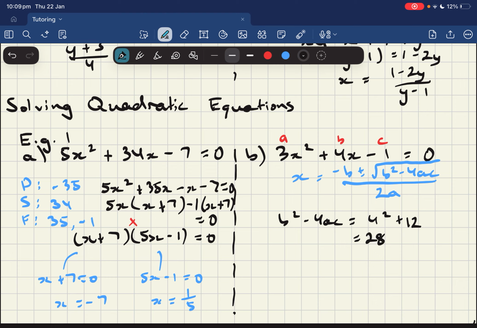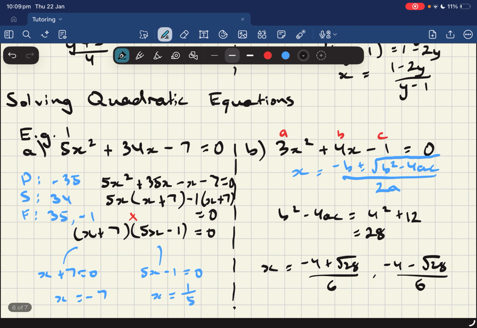And we're going to write this in. So my two solutions, I have x equals minus b, which is minus 4. One of them is going to be minus 4 plus the square root of 28 on top of 2a, which is 2 times 3, that gives us 6, or minus 4 minus root 28 over 6.